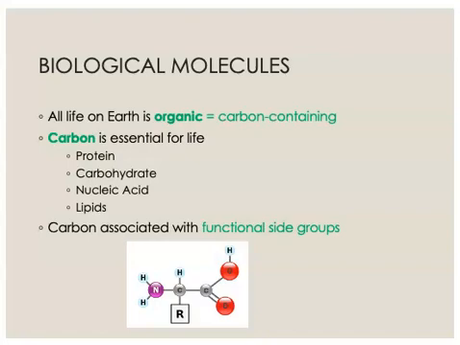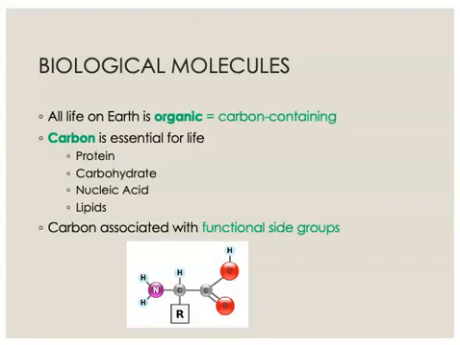Let's switch gears now and talk a little bit about what we sometimes refer to as biological molecules and their chemistry. All of the living things on our planet are said to be organic. Remember, in science, the word organic means carbon containing.